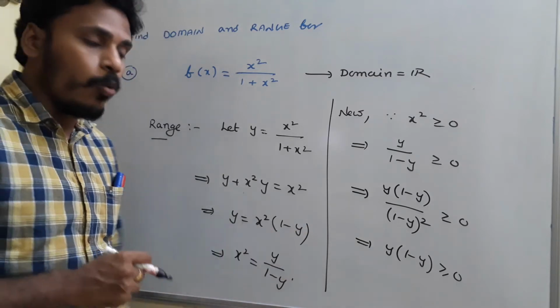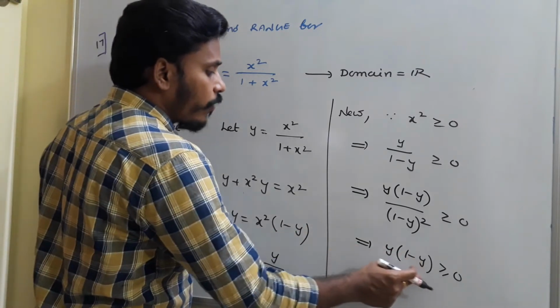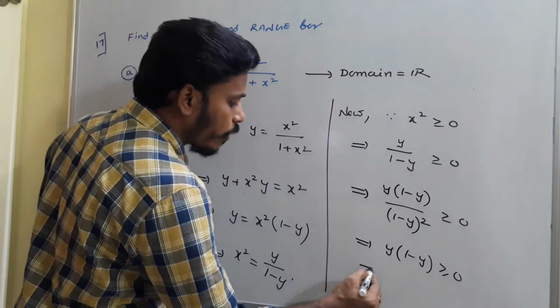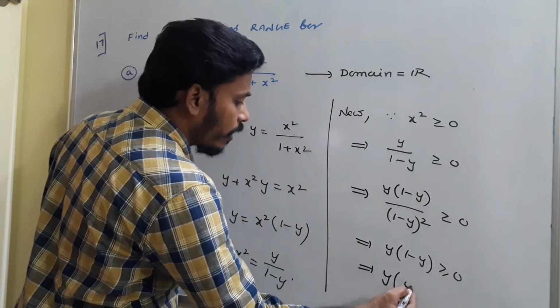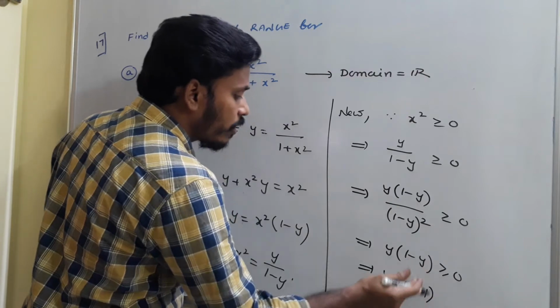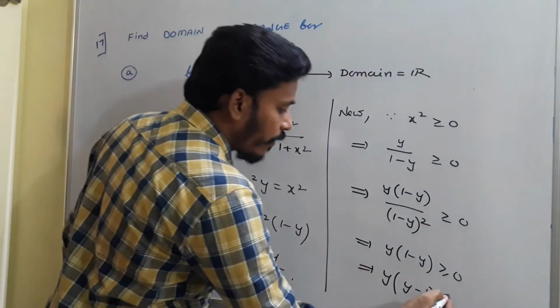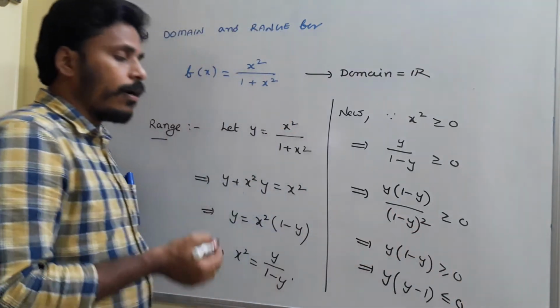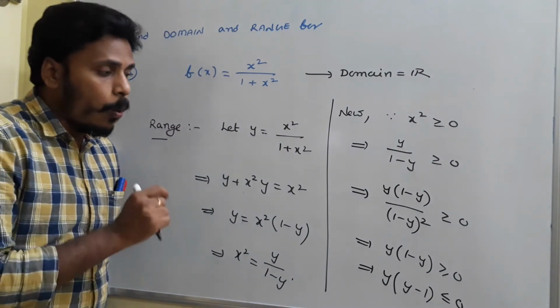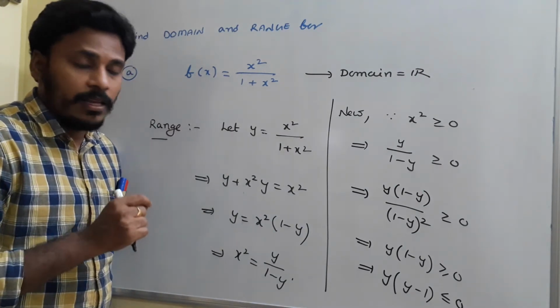But here y into 1 minus y. So just for my comfort, I am rewriting this 1 minus y as y minus 1. So y into y minus 1. We changed a minus sign, and that's why this greater than or equals to 0 will become less than or equals to 0. y into y minus 1 is less than or equals to 0.